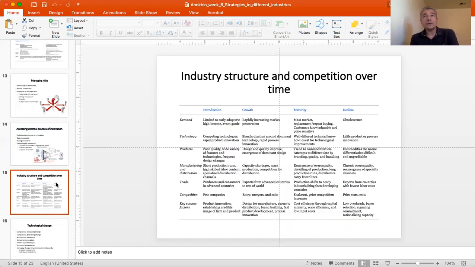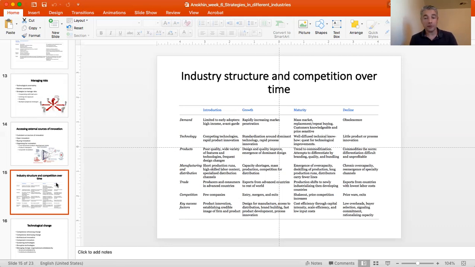Now, as the industry evolves, as it goes from introduction through growth to maturity to decline, a lot of things change, right? The demand conditions change a lot.